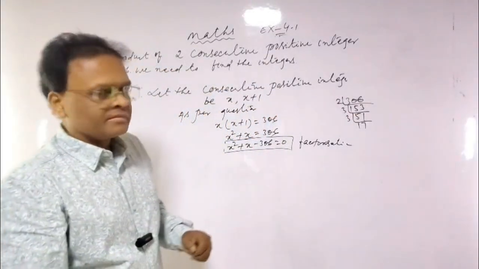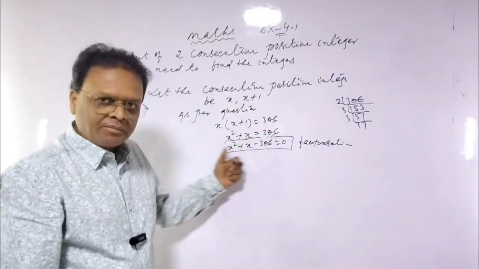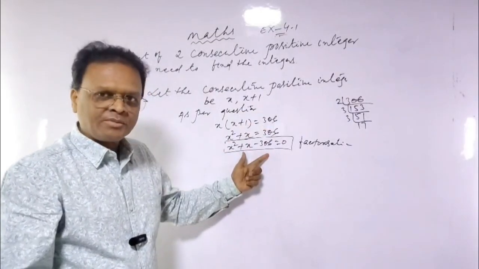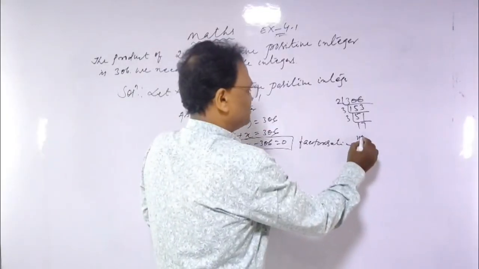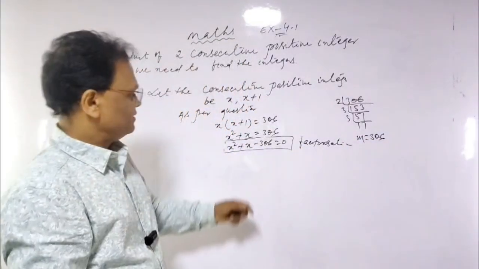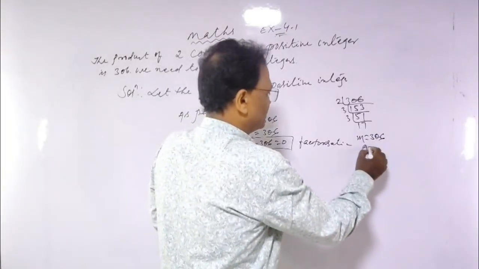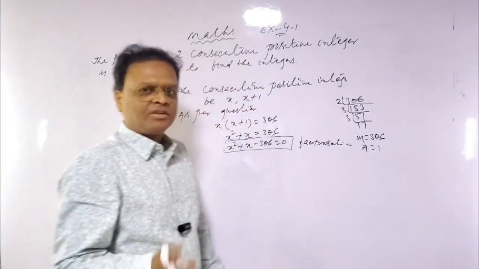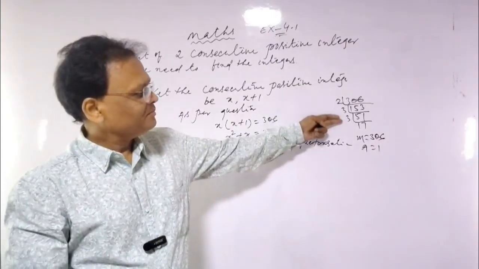Now, how to arrange this? If you multiply, your multiplication must be 306, but if you subtract, your difference must be 1. So think of the two numbers. If you multiply 306, and the difference is 1, those numbers I can get from here only.